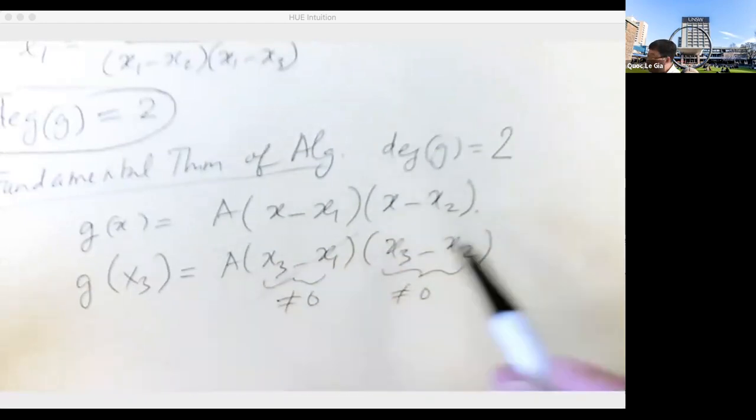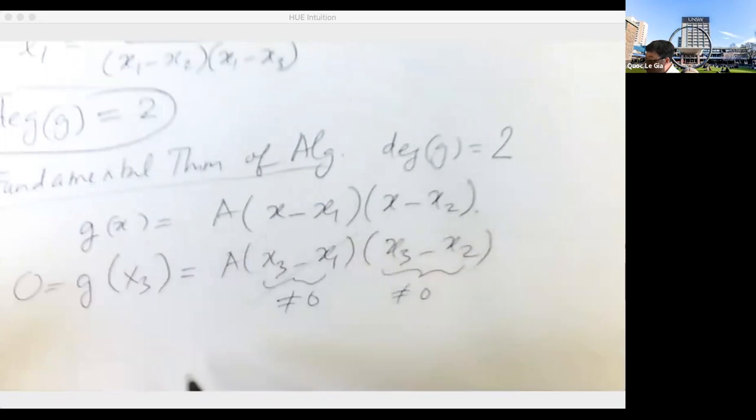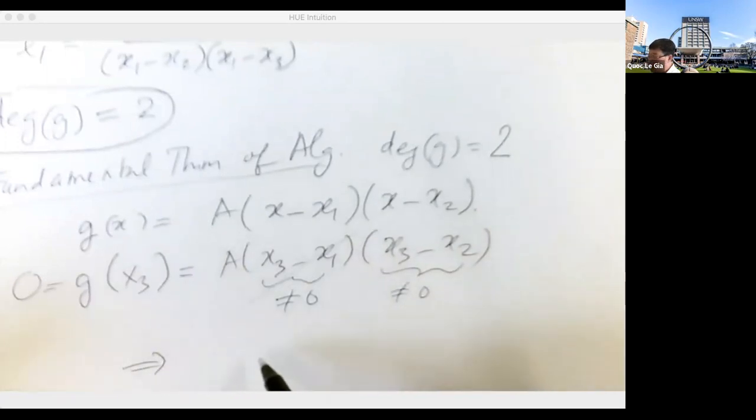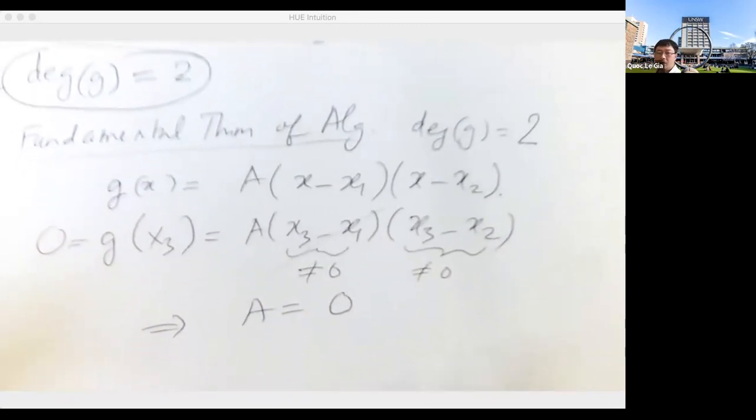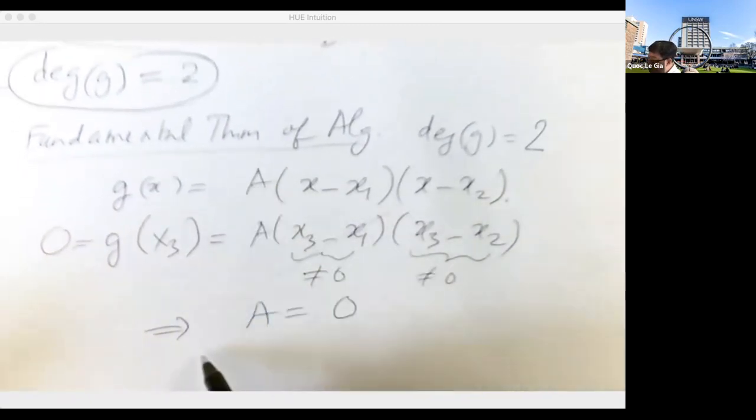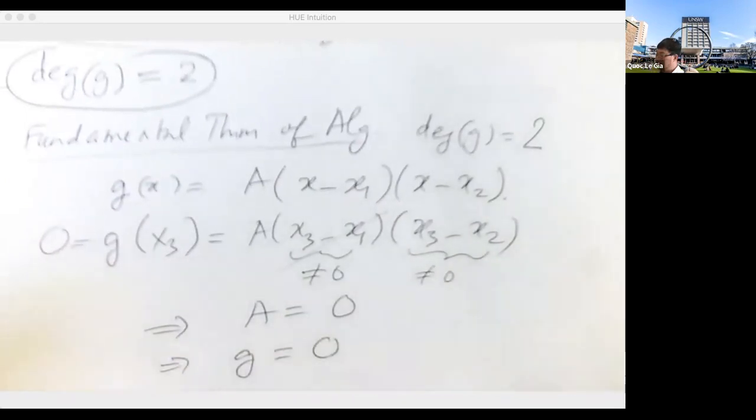But you know that this one equals 0. So what is the conclusion? The conclusion is that a has to be equal to 0. The coefficient has to be 0. But if the coefficient equals 0, it means that g equals 0 everywhere, for all x.